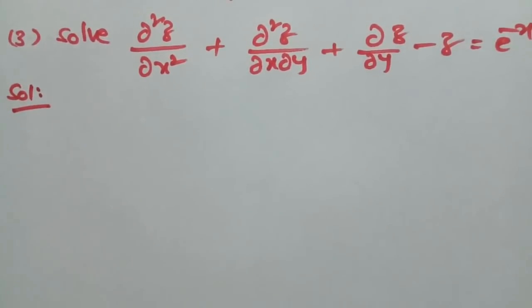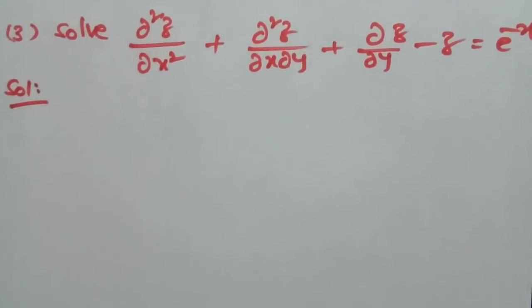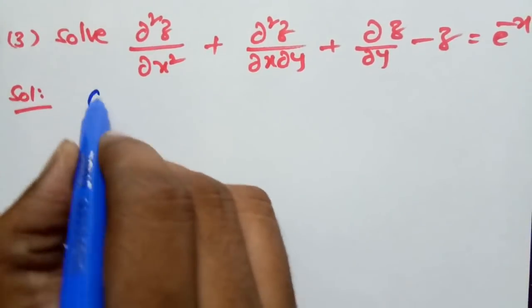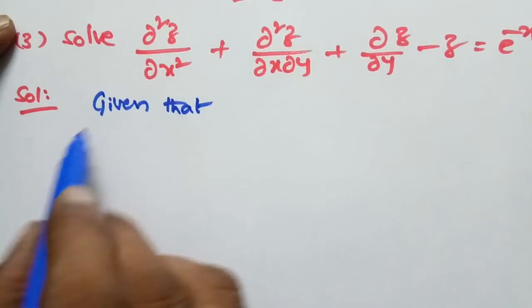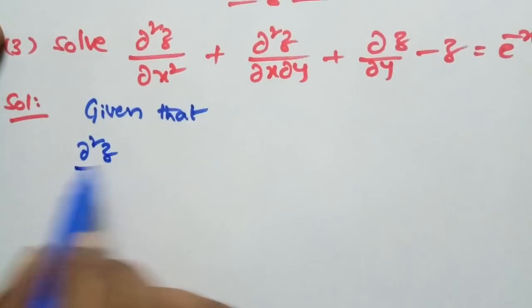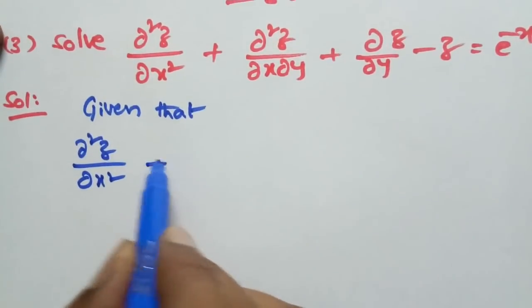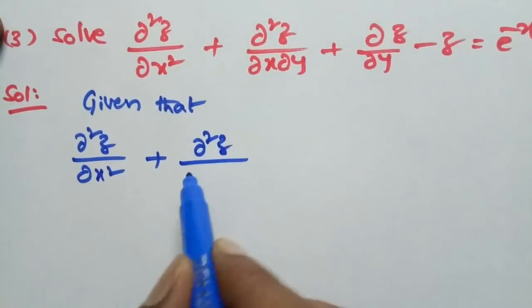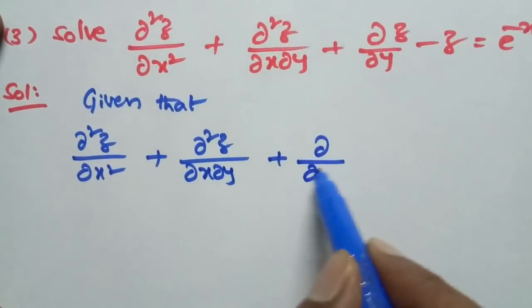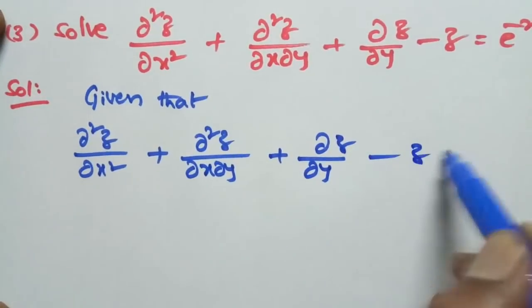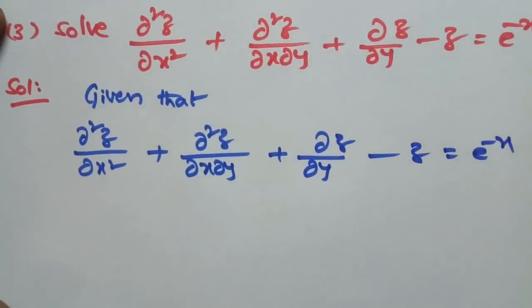Solution. First write down the given equation. Given that ∂²z/∂x² + ∂²z/∂x∂y + ∂z/∂y - z = e^(-x).